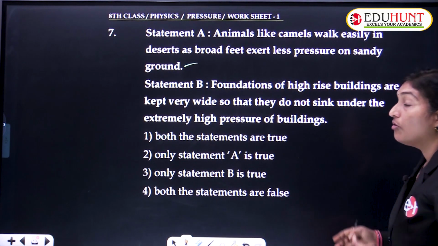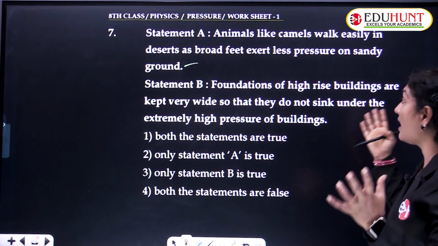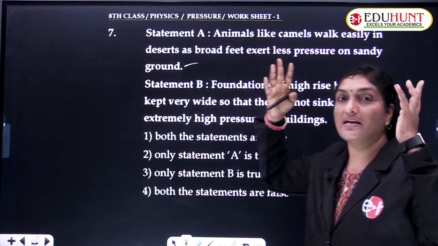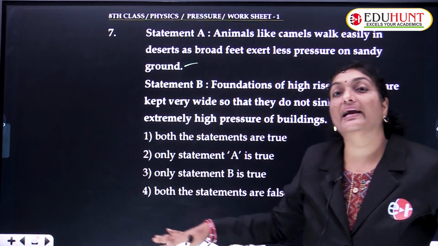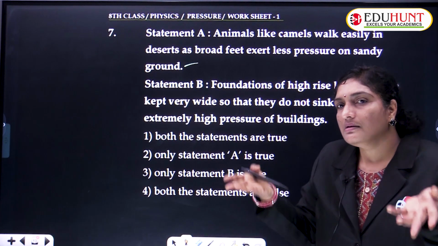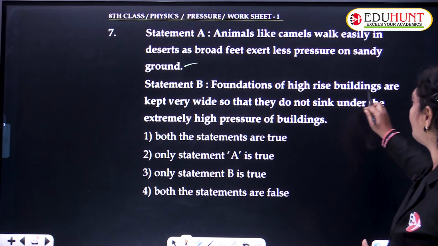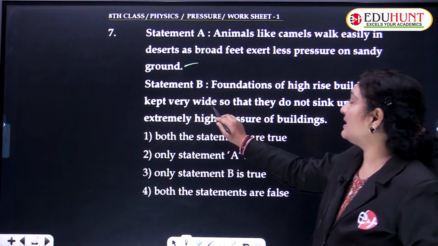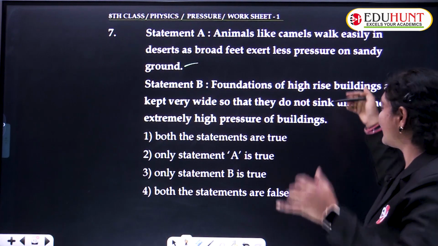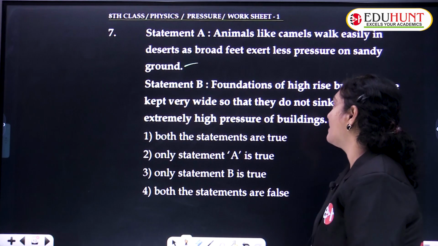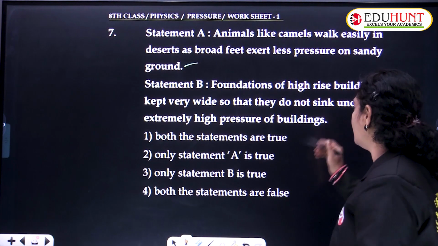Statement B says that foundations of high-rise buildings, tall buildings, are made wider. What is the reason? So that it can exert less pressure. So foundations of high-rise buildings are kept very wide so that they do not sink under the extremely high pressure of the buildings. Of course, this is true.